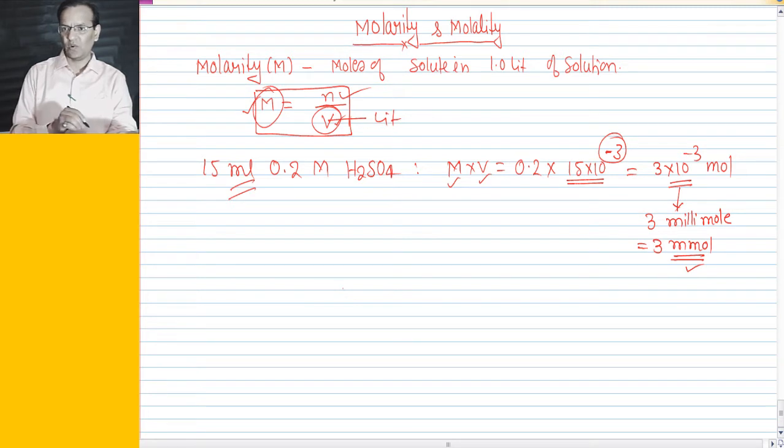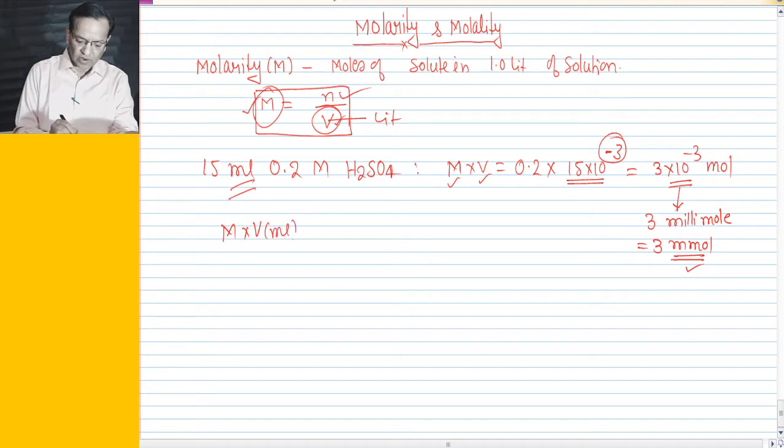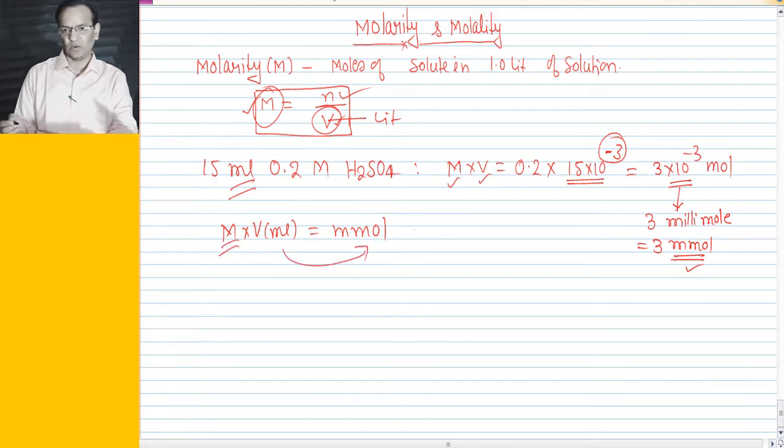And once we know the millimole, when required, we can convert it into molarity also. So molarity into volume in milliliter gives millimole. If we divide millimole by milliliter, we can get molarity and so on. So we work with the millimole, milliliter, millimole relationship.